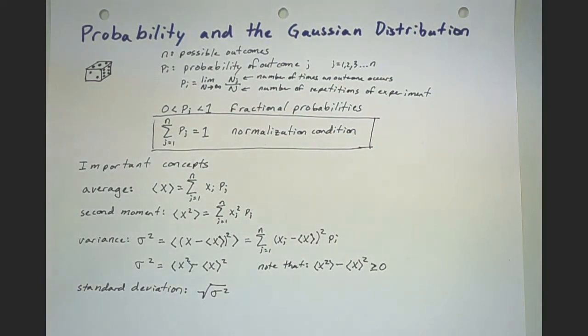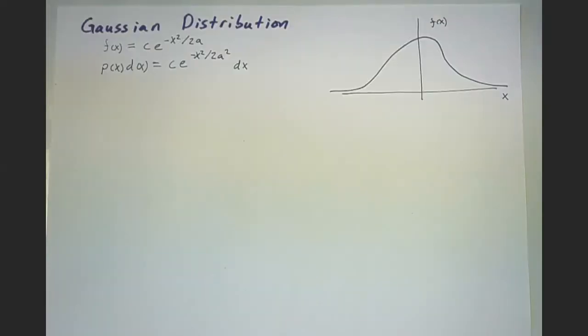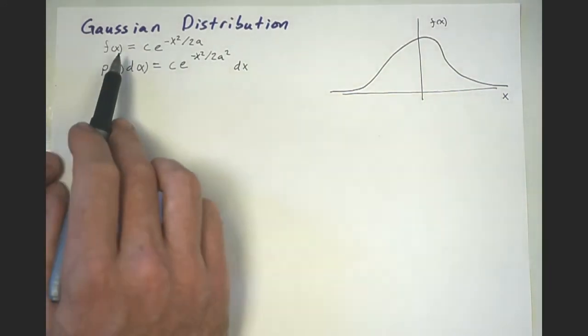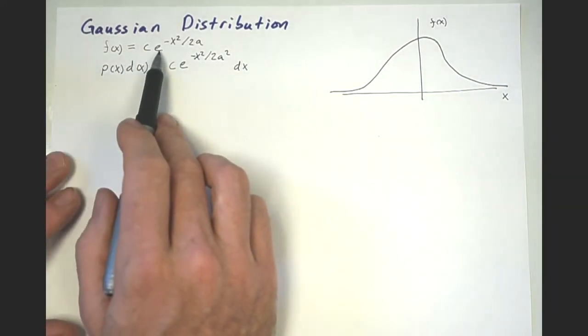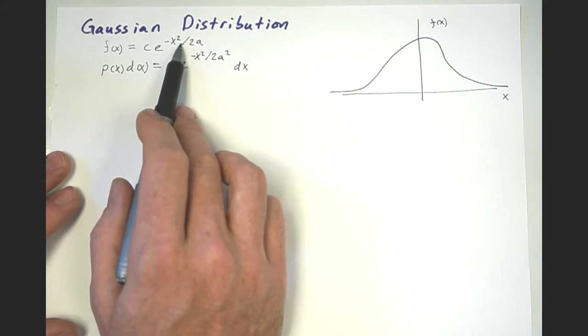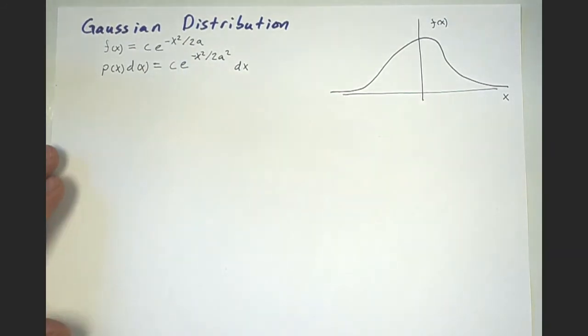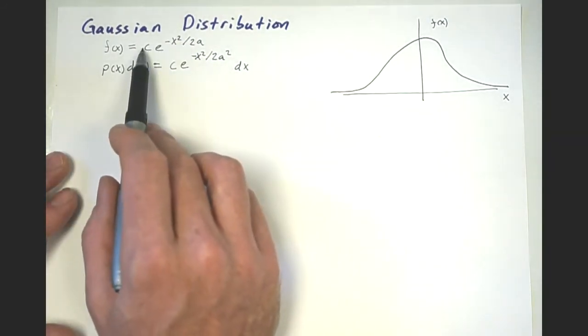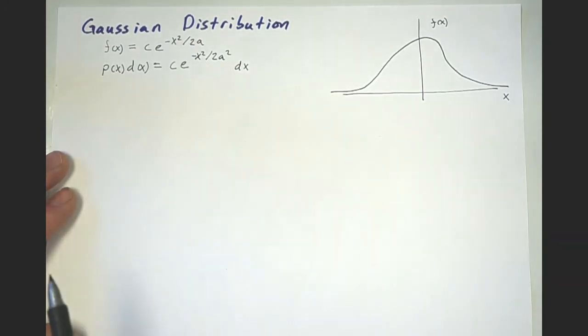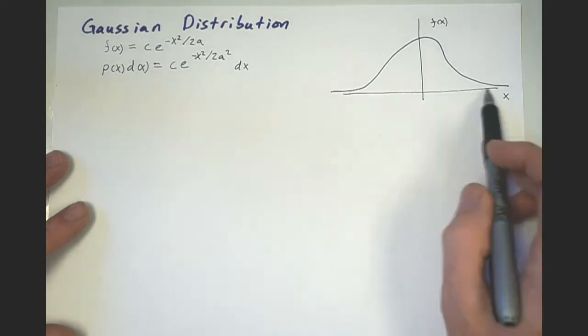Now let's apply some of these ideas to a Gaussian distribution. You may have heard of a Gaussian before. A Gaussian function is just a constant times an exponential with a squared x. So c e to the minus x squared over 2a is one way of writing down a Gaussian function. We can draw this Gaussian function.